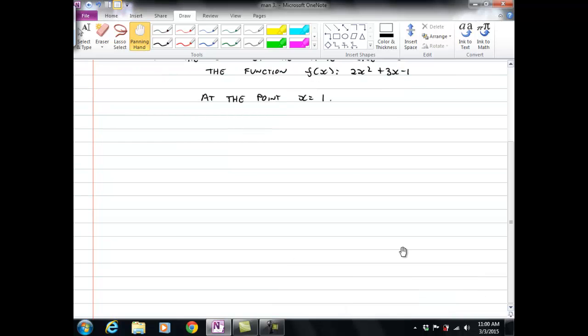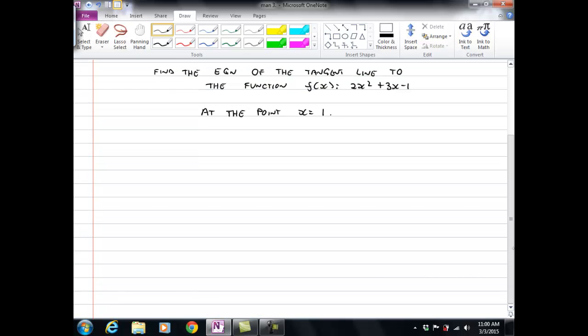Go. So if you remember correctly, what I taught you to do was I want the equation of the tangent line. So what a lot of you did was you go limit as h approaches 0 of f of a plus h minus f of a over h. Plug it in and solve it.